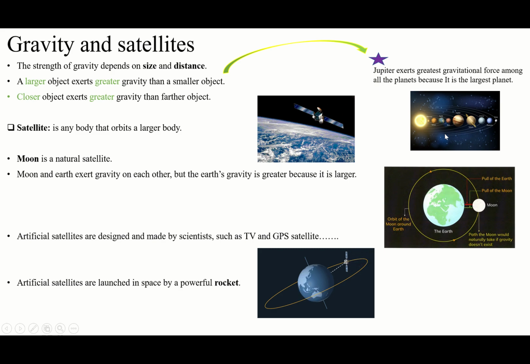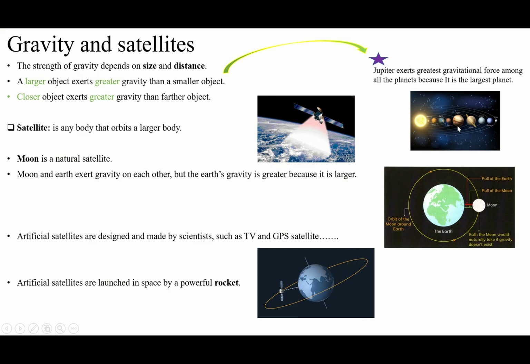So it means Earth exerts greater gravitational force on Moon, but smaller gravitational force on Jupiter. Why?